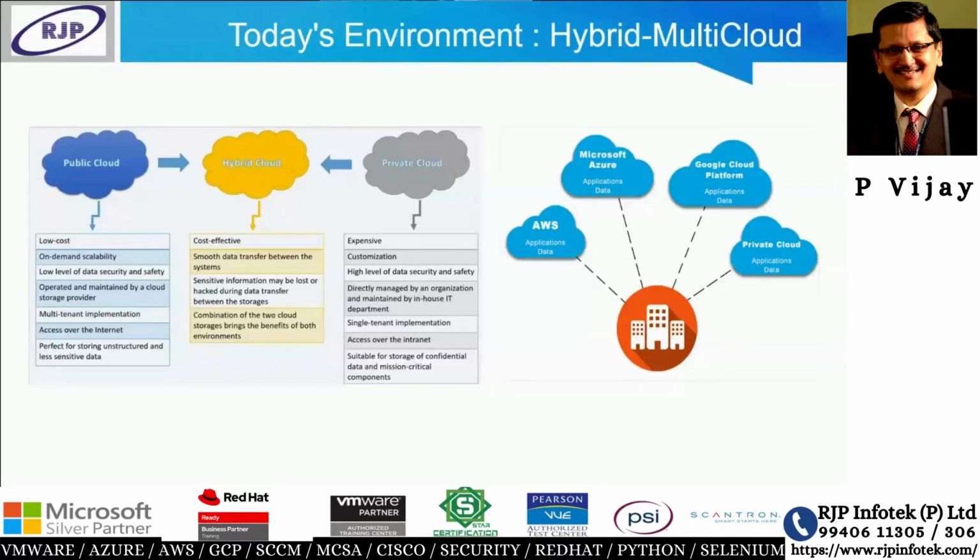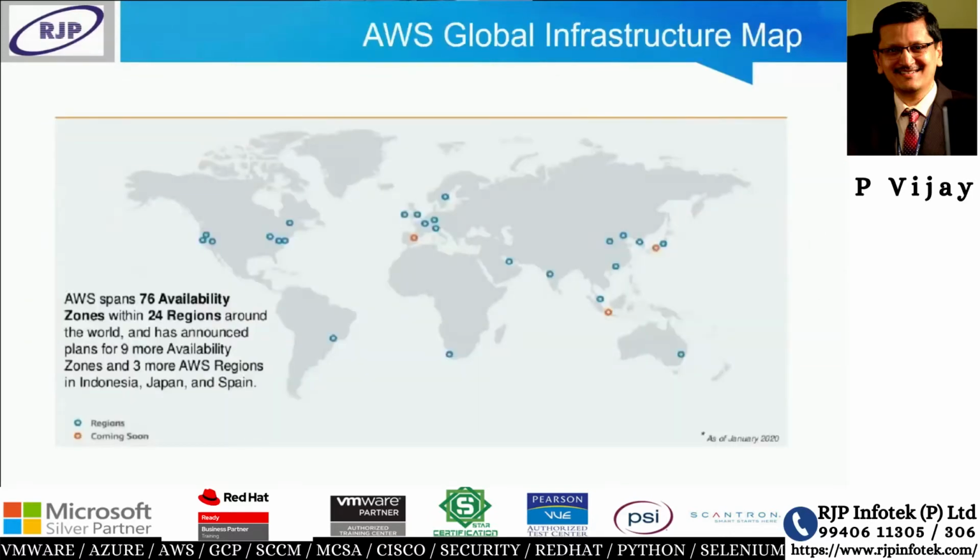Okay, so with that brief introduction, let's try to understand the infrastructure, the services. Let's try to get into a case study based understanding of how AWS plays a very, very important role today for us.